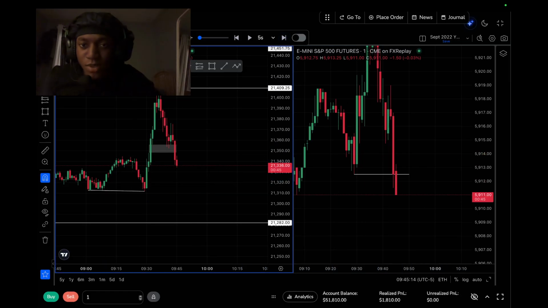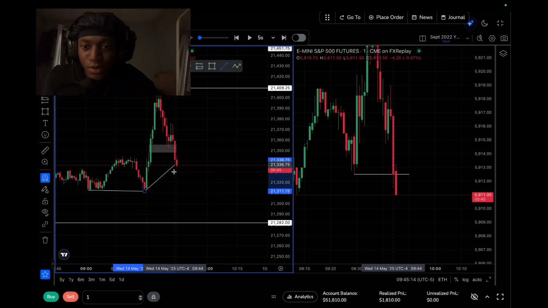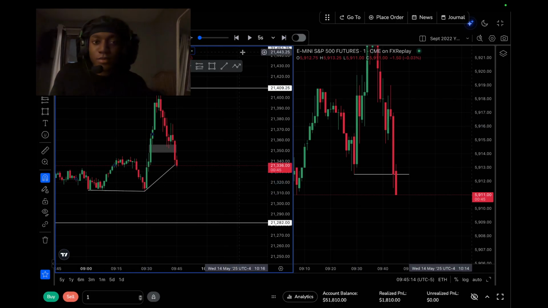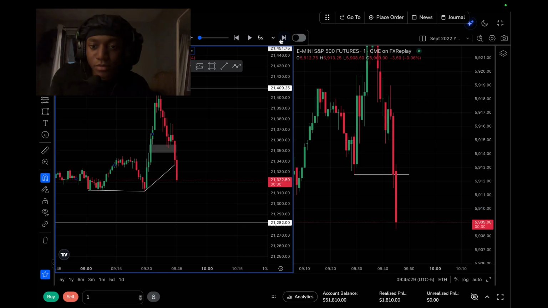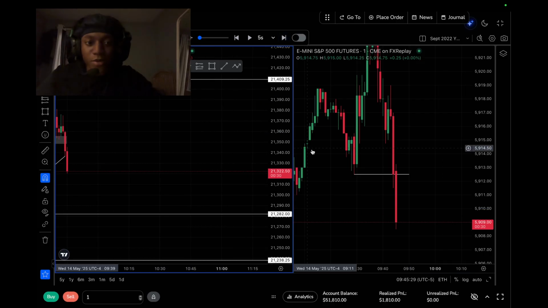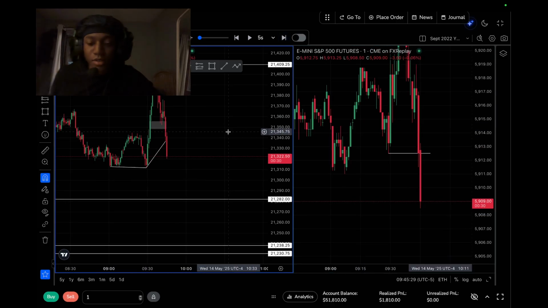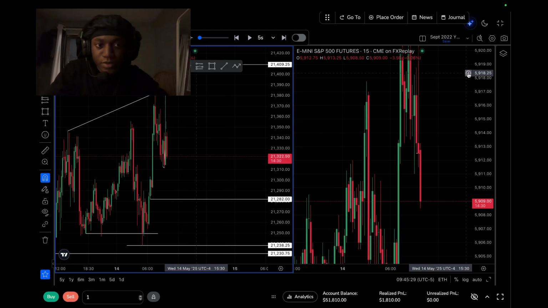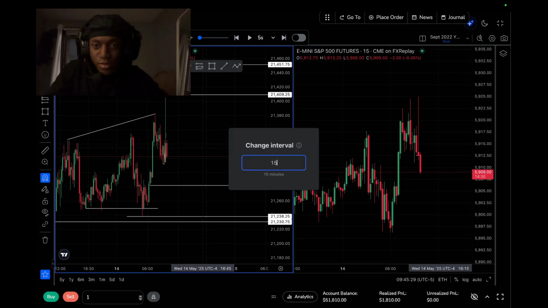Okay, we're putting an SMT here with this low and this wick low here. And now we're getting strong displacement away from it. Yes, rebalance. Same thing.